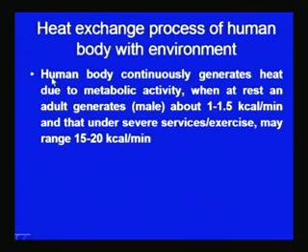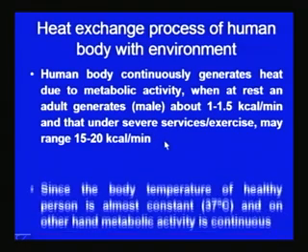The human body therefore continuously generates heat due to metabolic activity. When at rest, an adult generates about 1.5 kilocalorie per minute of heat, while under severe working conditions or during exercise, an adult can generate heat as high as 15 to 20 kilocalorie per minute.